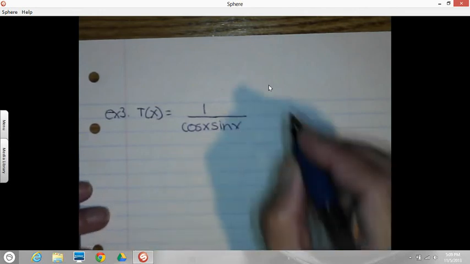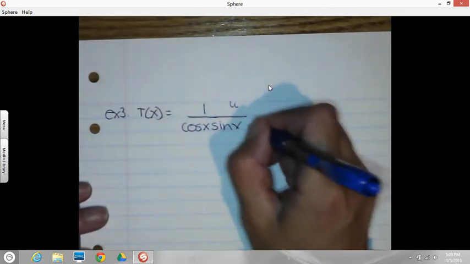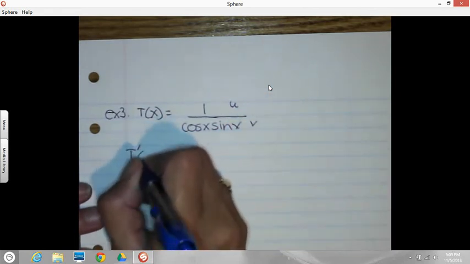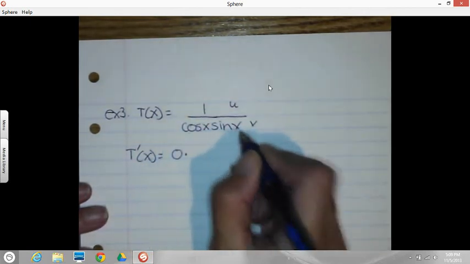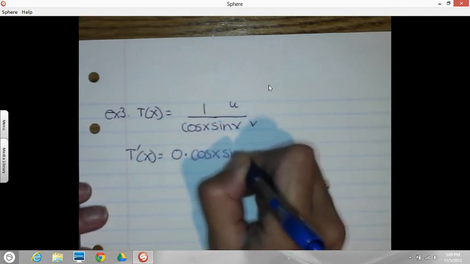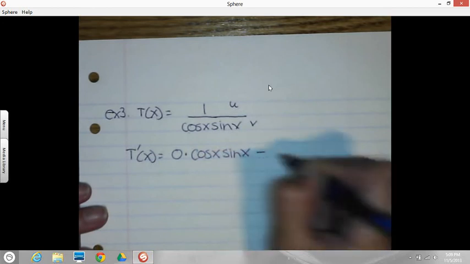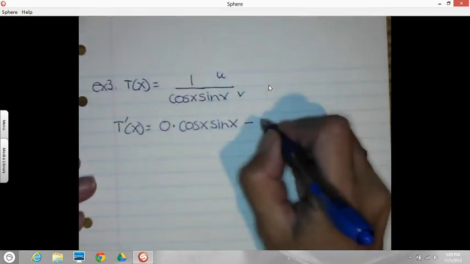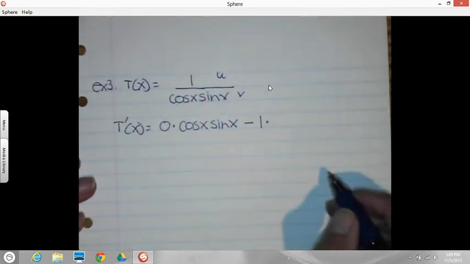So we'll start with the quotient rule, u over v. The quotient rule says take the derivative of the top, which is 0, times the bottom, which isn't even necessary, but I'll just go through the motion, minus, keep the top the same, multiply by the derivative of the bottom.